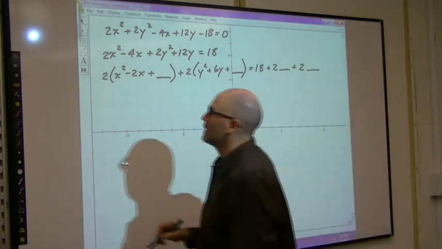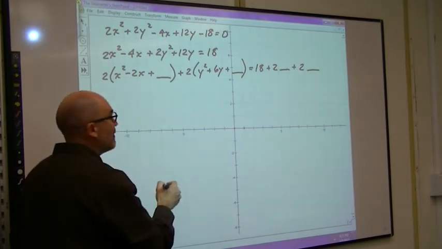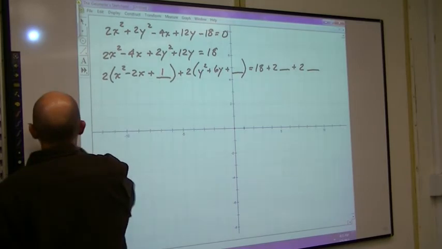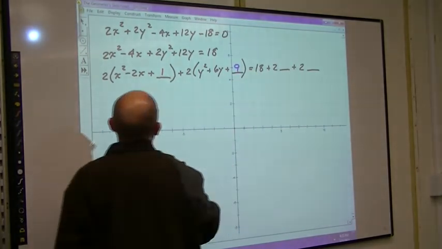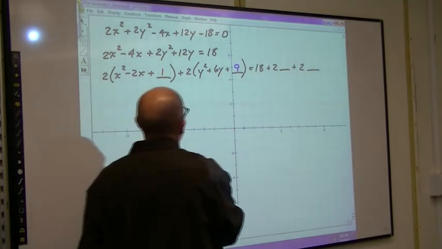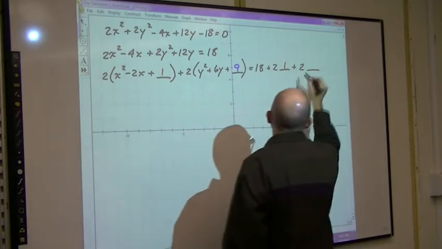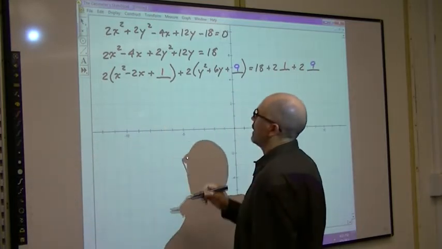All right, what goes in the blanks now? Well, you cut the middle term in half and square it, so this becomes a 1. And you cut the middle term in half here, and you square it, and this becomes a 9. So I need a 1 here and a 9 here. All right, so time to put it together.